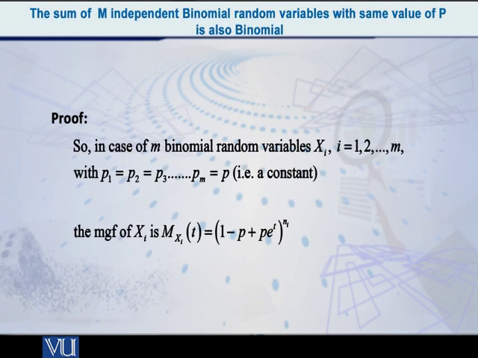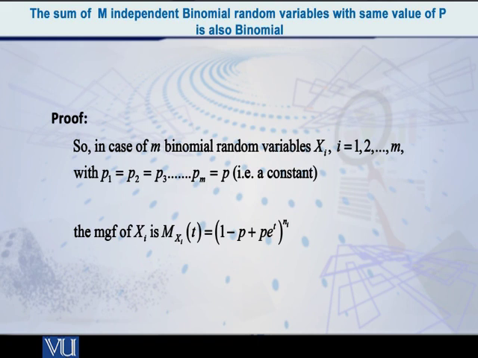In our case, the theorem that I'm wanting to prove, we are having m binomial random variables, X1, X2, so on up to Xm. So हम इस तरह भी कह सकते हैं कि we are having m binomial random variables Xi, where i itself is 1, 2, so on up to m. और ये जो बात important है इसके अंदर, जैसे मैंने पहले कहा कि all of these Xi's, they have the same value of p.